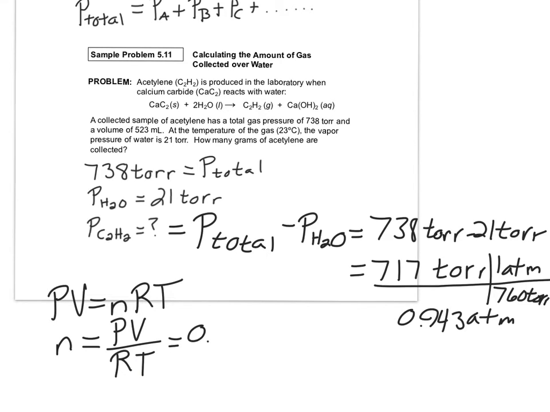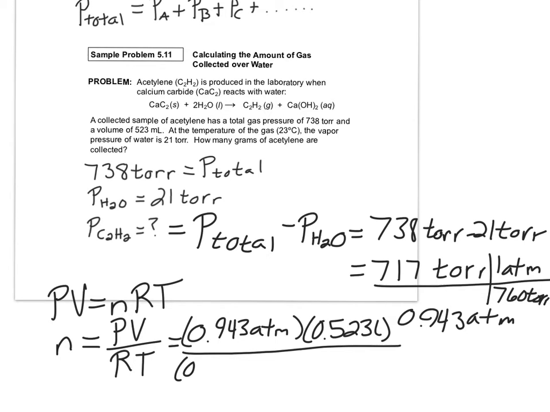So 0.943 atmospheres times, remember our volume needs to be in liters, so I'm going to have to convert the 523, and so that's going to be 0.523 liters, divided by R, 0.0821 liters times atmospheres per moles times Kelvin, times our temperature in Kelvin, remember, so we've got to say 273 plus 23, which gives us 296 Kelvin.